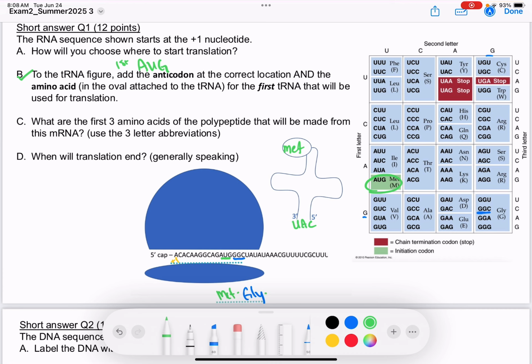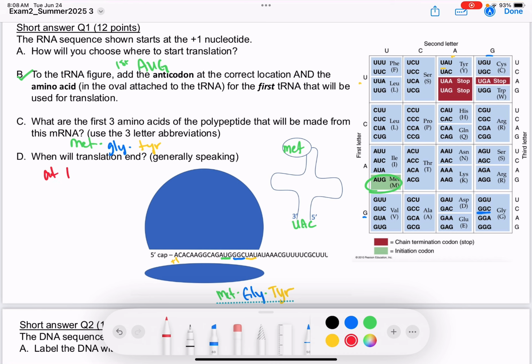Met, Gly, and then it's going to be UAU. So UAU, it should be a tyrosine, TYR. Okay. So up here, let's just put it here for easy access: Met, Gly, and tyrosine.